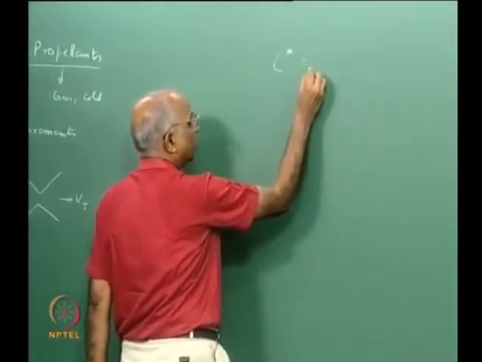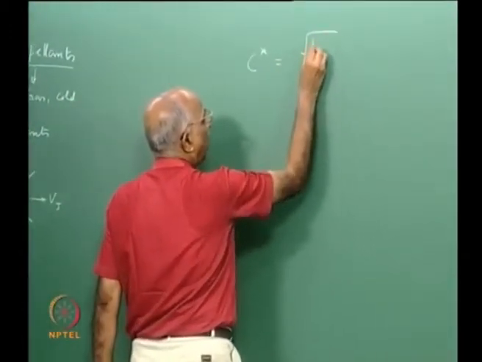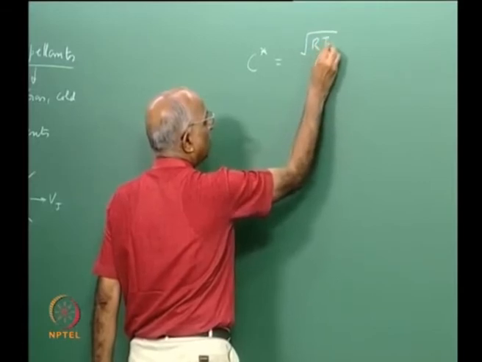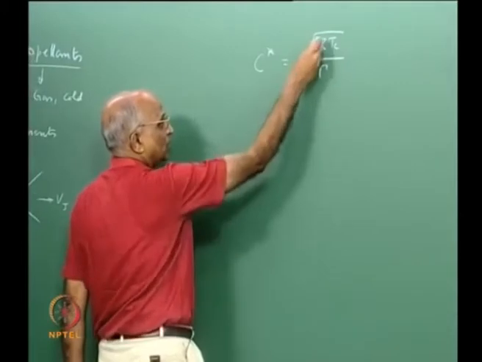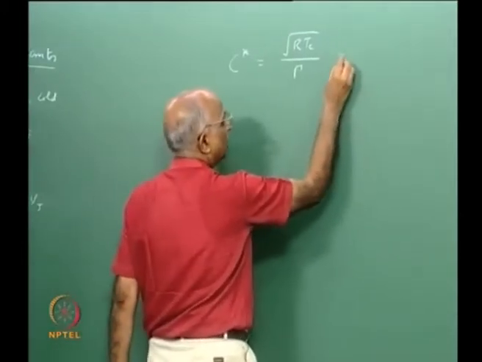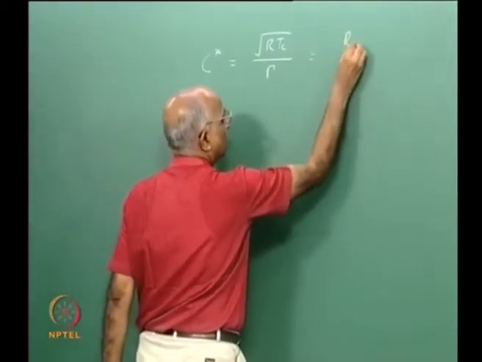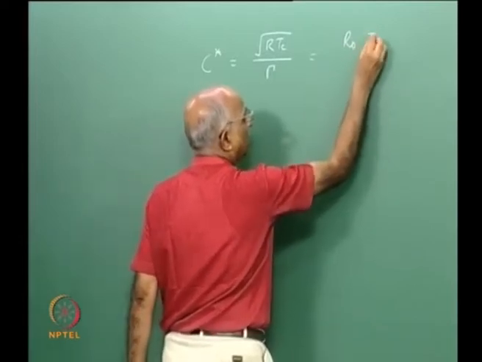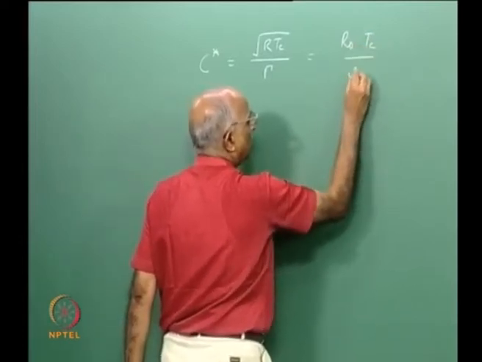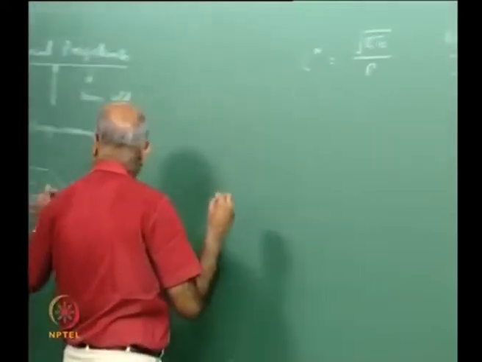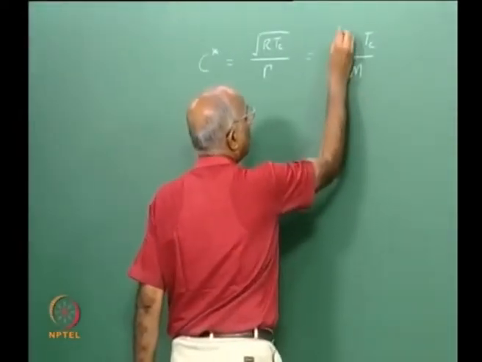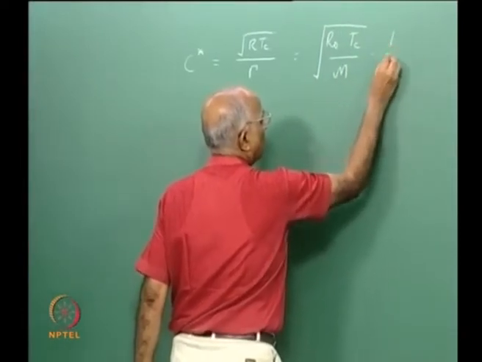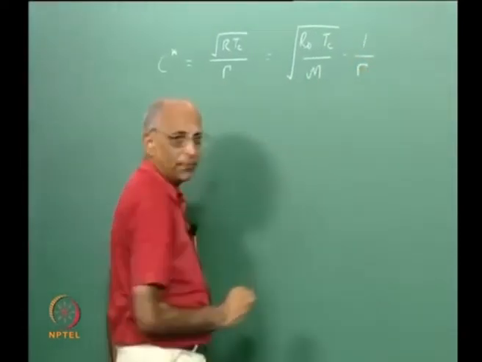We had the expression under root R into temperature of the hot gases divided by the capital gamma, and this R was a specific gas constant which in terms of the universal gas constant we could write as R naught Tc by the molecular mass of the gases which are sent out through the nozzle, and this is again under root into 1 over gamma, which is a function of gamma.